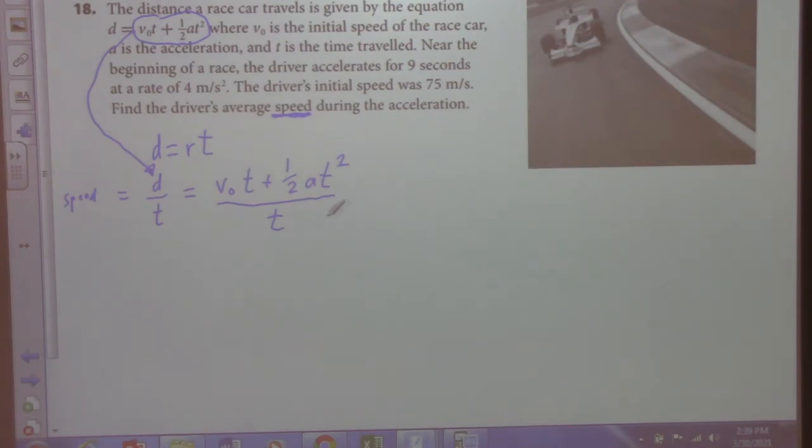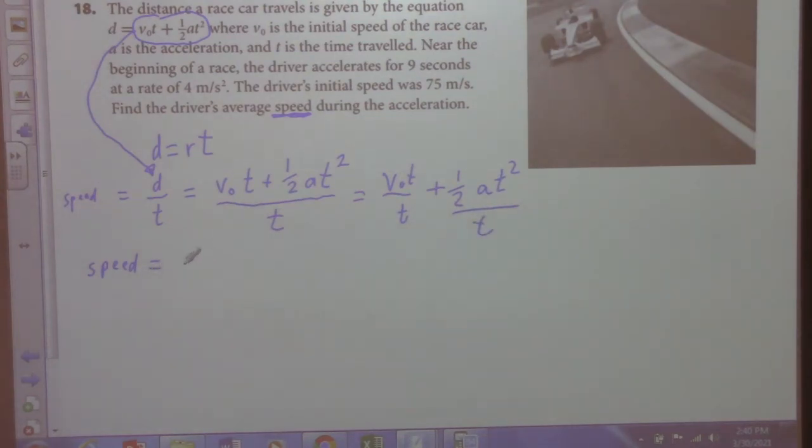And what would be the speed according to the simplification of this? I'm going to go ahead and expand a little bit. What that's equal to is v sub 0 t over t plus 1/2 a t squared over t. That's what that is.